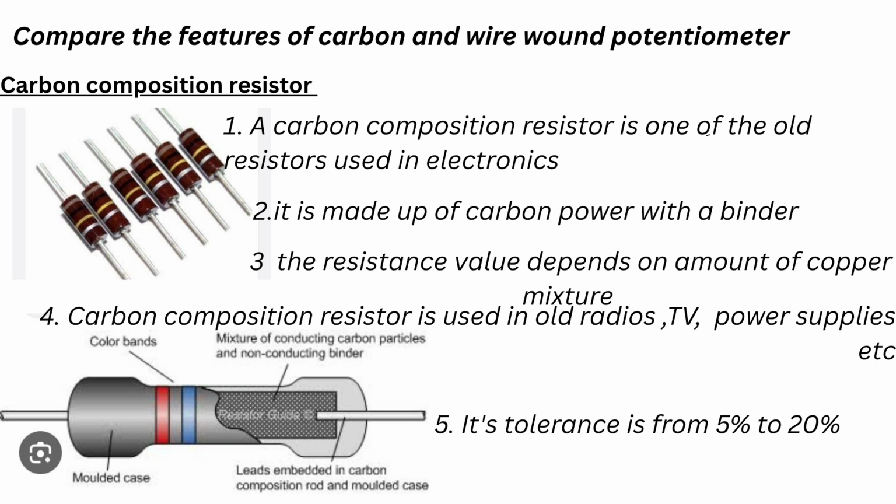If the carbon mixture is more, then the resistance will be more. These carbon composition resistors are mainly used in old radios, TVs and power supplies. The tolerance of these carbon resistors is 5% to 20%. And this is the internal structure, showing how the carbon composition resistor looks inside.